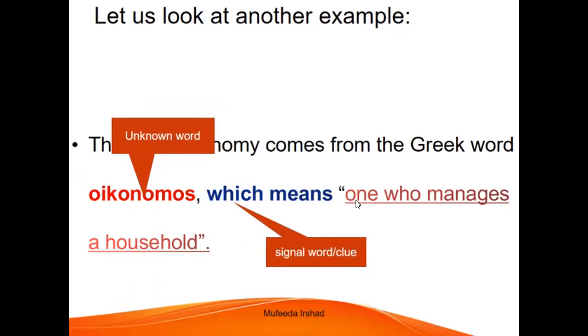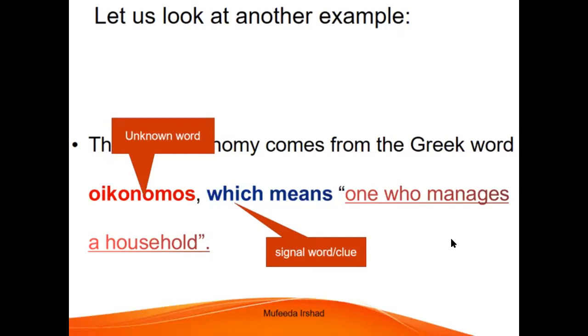So what type of clue is it? It's a definition clue. How do you know? You know because of the signal. The writer has signaled the definition, and this is one of the clues that the writer has given, and he has also used punctuation marks.